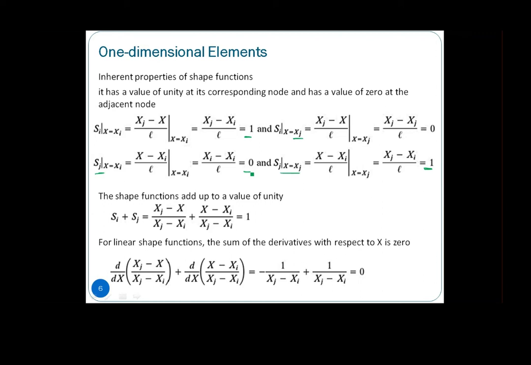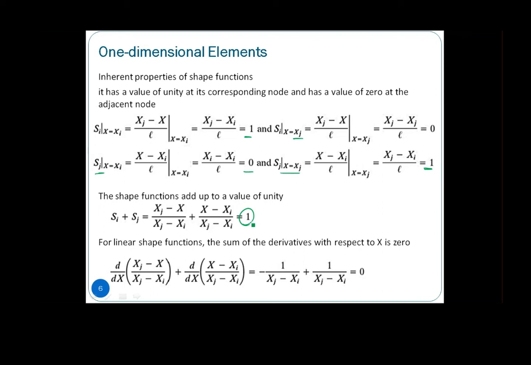So that basically gives us that when you add up these two shape functions, Si and Sj, the sum is always equal to 1. And the sum of the derivatives with respect to x is 0.